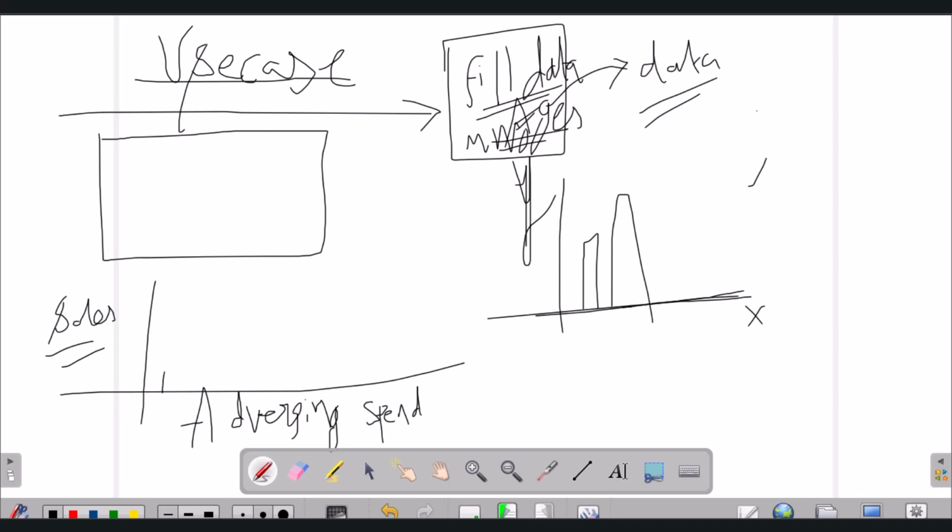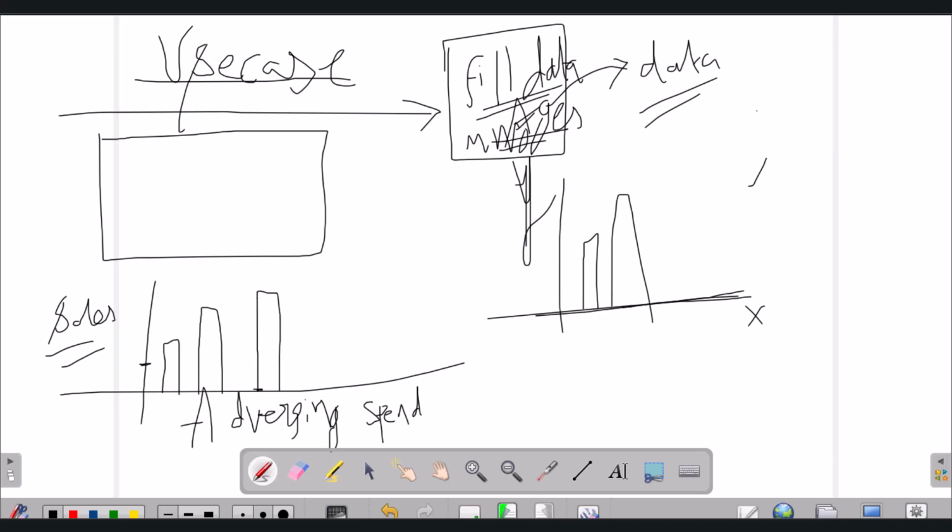Let's suppose in January, what was the sale; in February, what was the sale and the advertising spend; and let's suppose advertising spend was 500 in March, and the number of sales we got is a little bit higher, right?